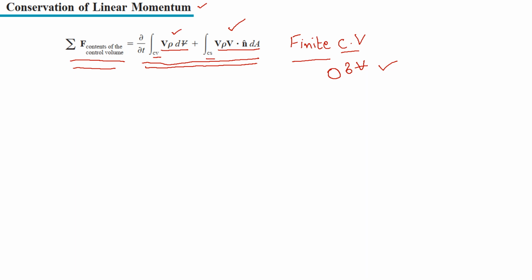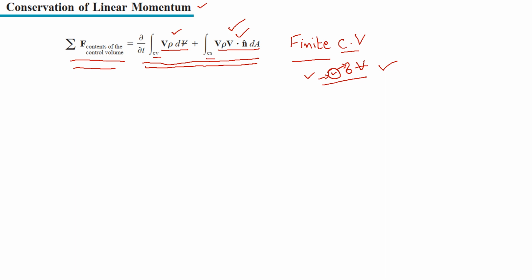So if this is our small control volume, this will be the change in momentum inside the control volume, and the momentum exchange across the control surfaces means the momentum that is being exchanged when this flow goes in and out of this small control volume.